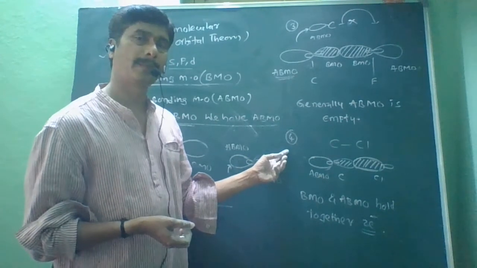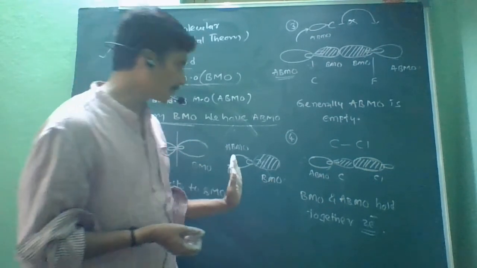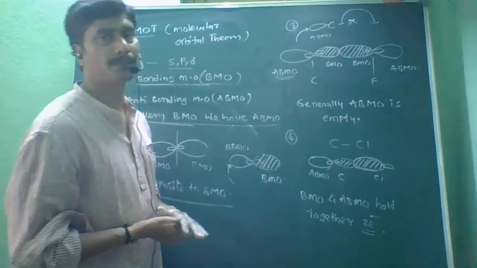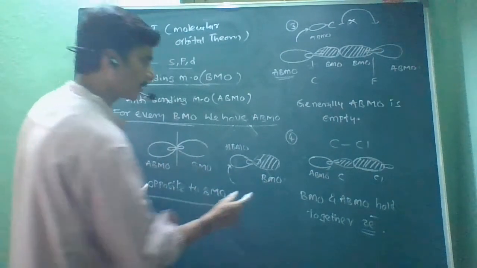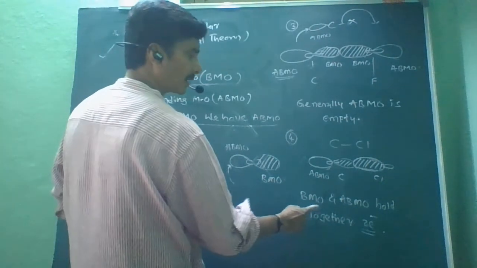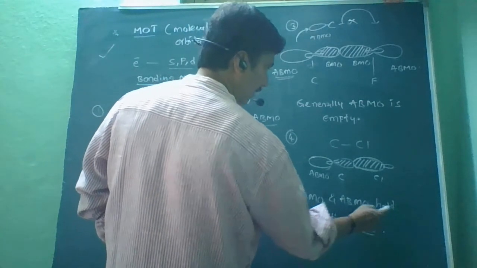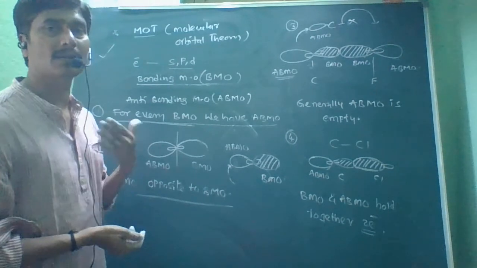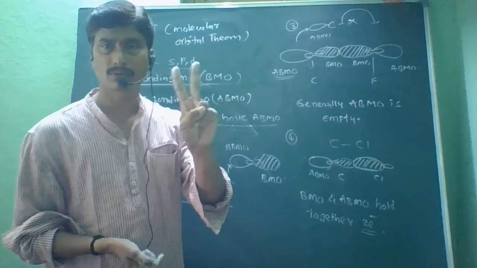Fourth, if a strong force forces electron density to increase in the anti-bonding molecular orbital, then some electron density goes out from the bonding molecular orbital, because the bonding molecular orbital and anti-bonding molecular orbital hold together two electrons. That is the maximum electron capacity.